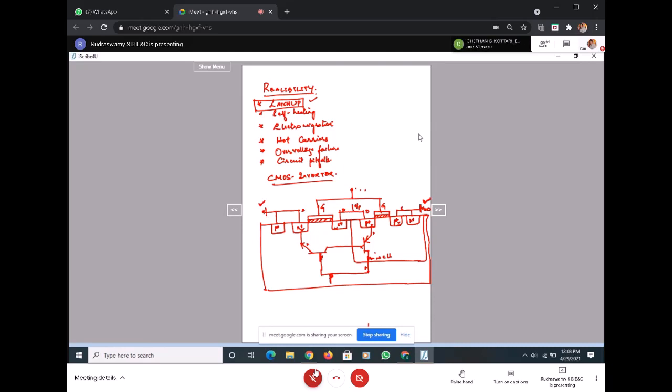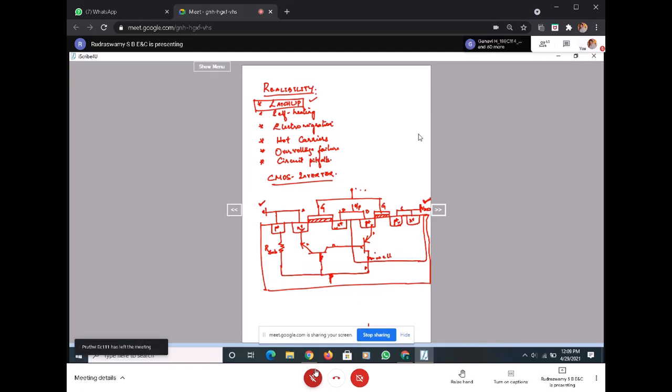From the NMOS we have an NPN, and from the N well we have a PNP transistor. Now, the substrate will act as a resistance, so I can draw the resistance offered by the substrate, this P in between.